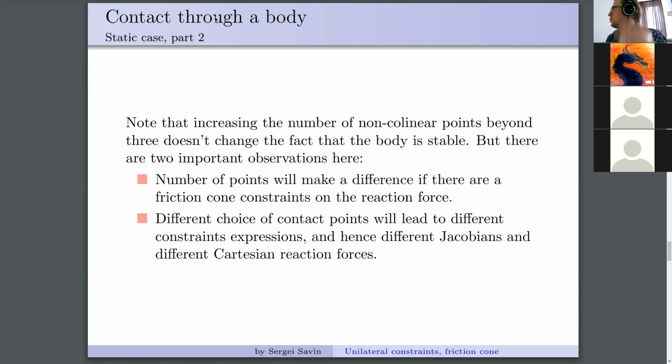You saw tables, chairs, etc. It doesn't matter how many legs they have, 3, 4, or 5, they're still stable. Actually, we can talk about tables with 4 legs being less stable, but that's because of uneven ground, because they don't actually have contact with all 4 legs. When they have contact with all 4 legs with the ground, they're stable, same as 3-legged tables.